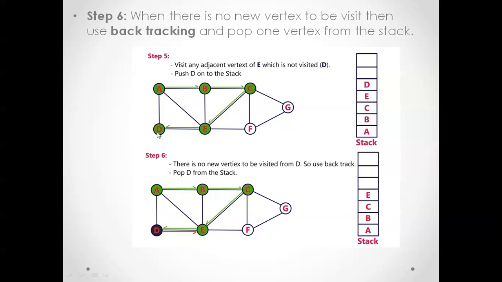Now see here. After visiting D, are there any non-visited nodes connected to this vertex D? Definitely not, because A is visited and E is visited. So what to do? Whenever this happens, we need to take a backtrack.